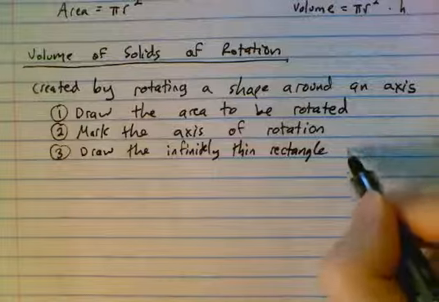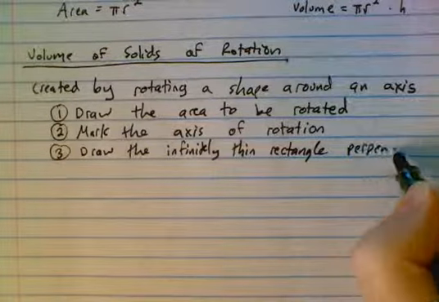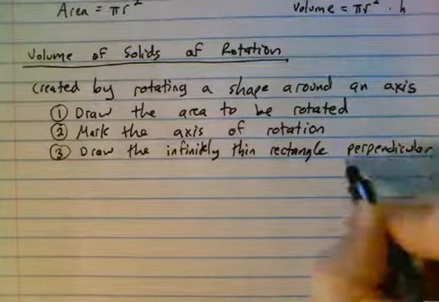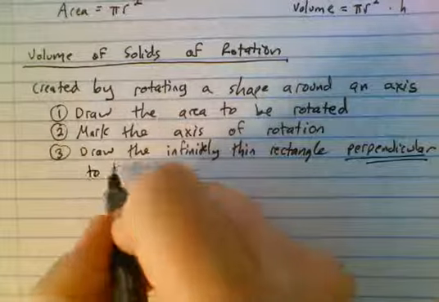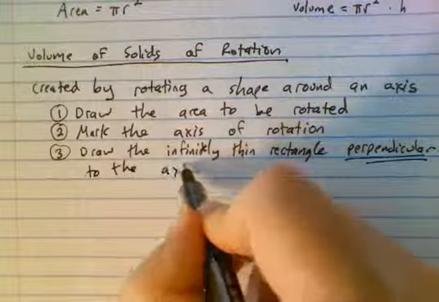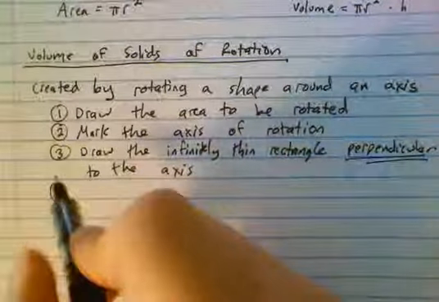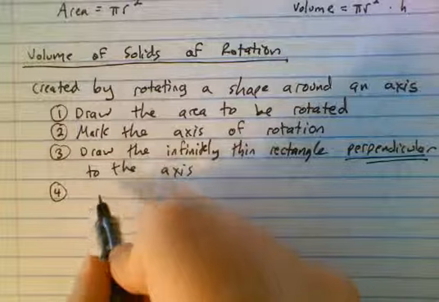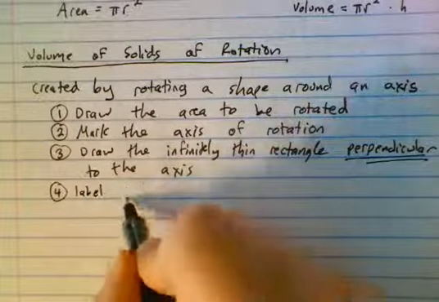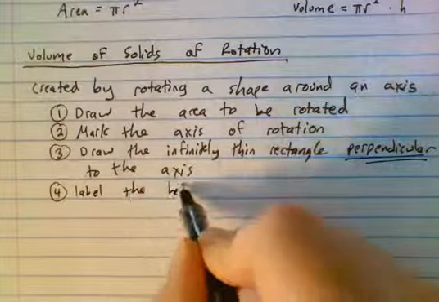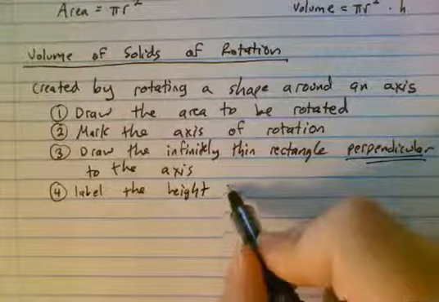It's always going to be perpendicular to the axis. Then we'll label the height and width just like we would for area.